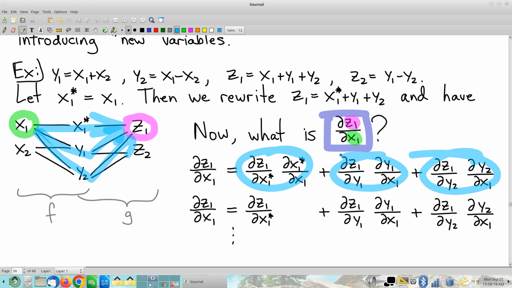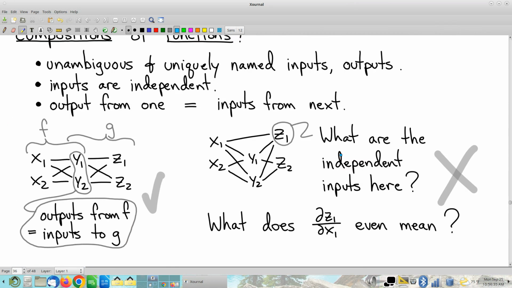This accomplishes allowing me to actually view this as being a composition of 2 actual functions, which is the premise of the chain rule. Right? The chain rule that we wrote down is about composing 2 actual functions, and this up here is not that. You know what I mean? It's not. This is a tangled web of relationships.